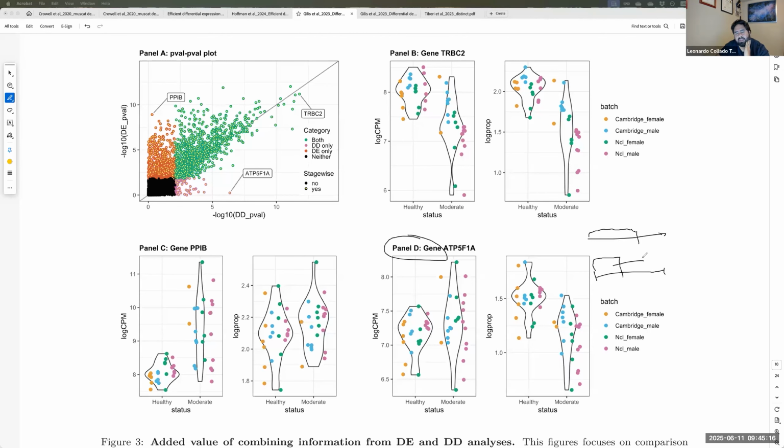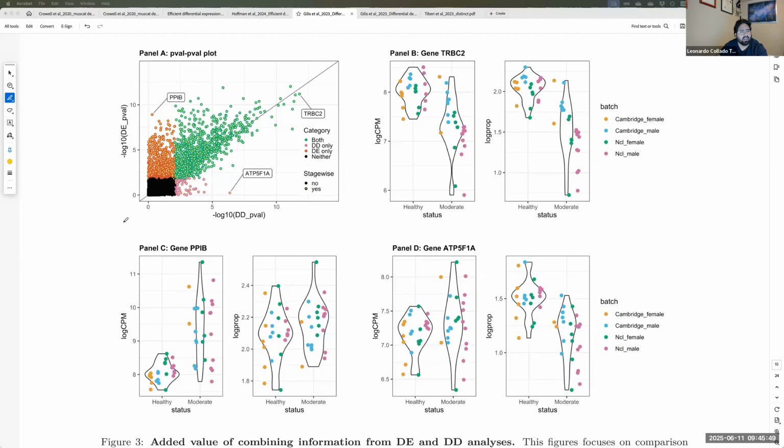So if you compute the mean of this and the mean of those, the means are the same, as we see on the left side, but actually there is a difference in behavior, because in the healthy cells, a large proportion of them are actually expressing the gene, whereas in the moderate cells, a small proportion of them are expressing that gene. So that could be of interest.